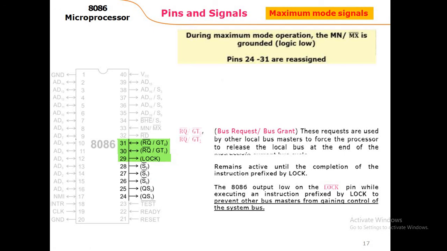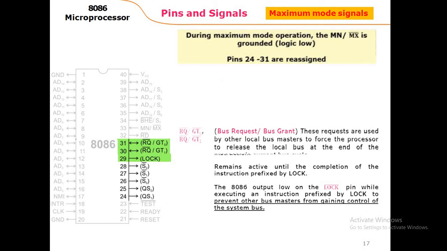Next is request and grant. Request and bus grant, like HOLD and HLDA used in minimum mode, are used for DMA operation. Similarly, here also for DMA operation, request and grant is going to be used, but here at a time two processors can accept the request to become the master of the system bus.